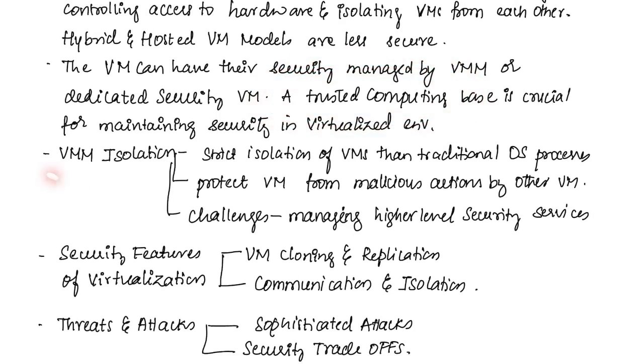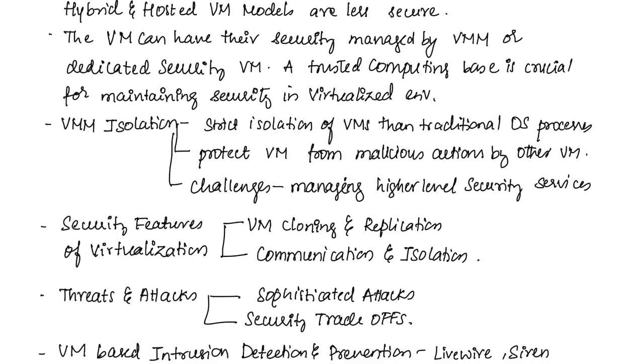Looking at virtual machine monitor isolation, the VMM will ensure strict isolation of VMs, stricter than traditional OS processes. It will protect the VM from malicious actions by other VMs. Here the challenge is that we have to manage higher level security services.